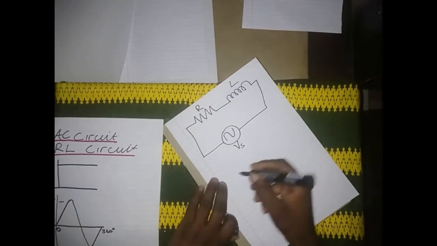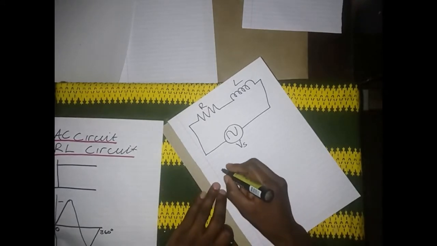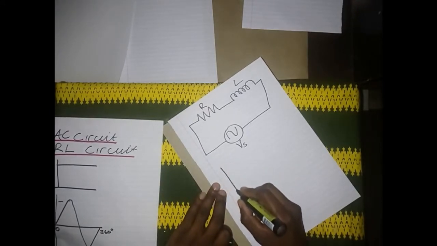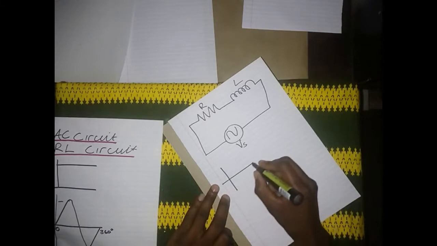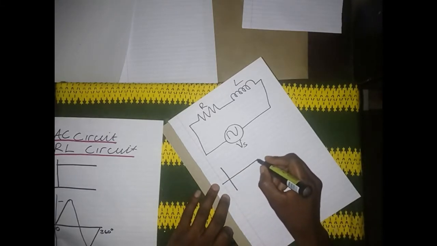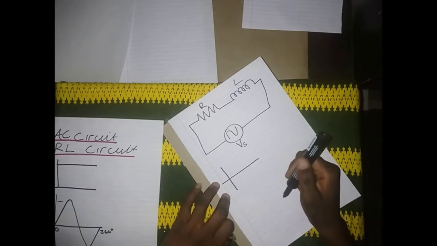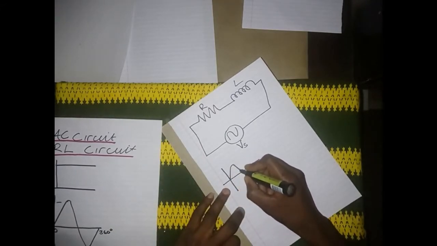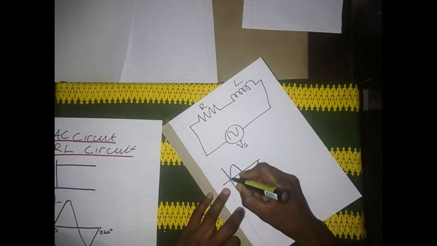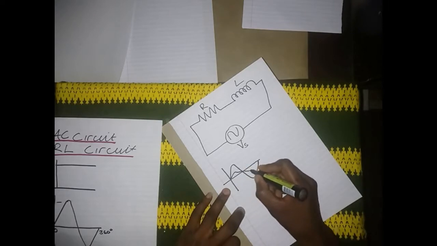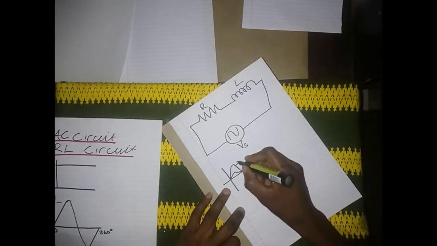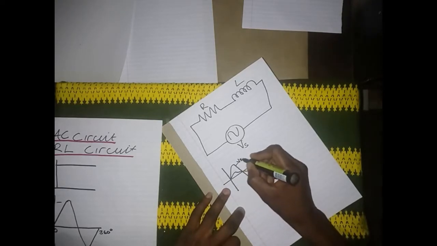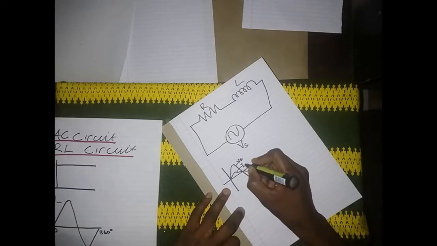Since, as I've said, the AC is generated from 0 to 360, when the current passes through the resistor, we find that the voltage waveform is in phase with the current, this being the voltage VR and this being the current IR.